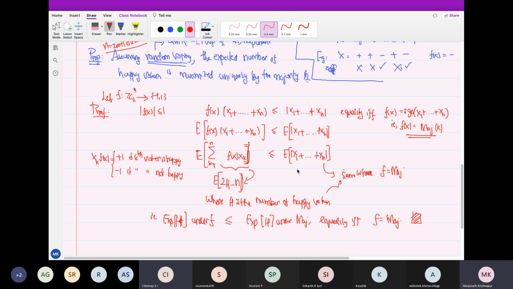Yeah, but when you say that you are going for a random state, when you say majority has more happy voters, in what sense? I mean, x by x, or it's not true, right?